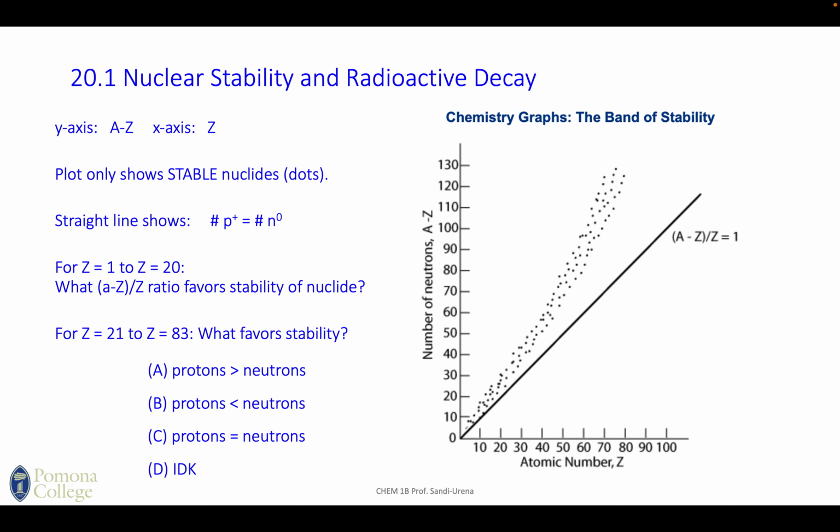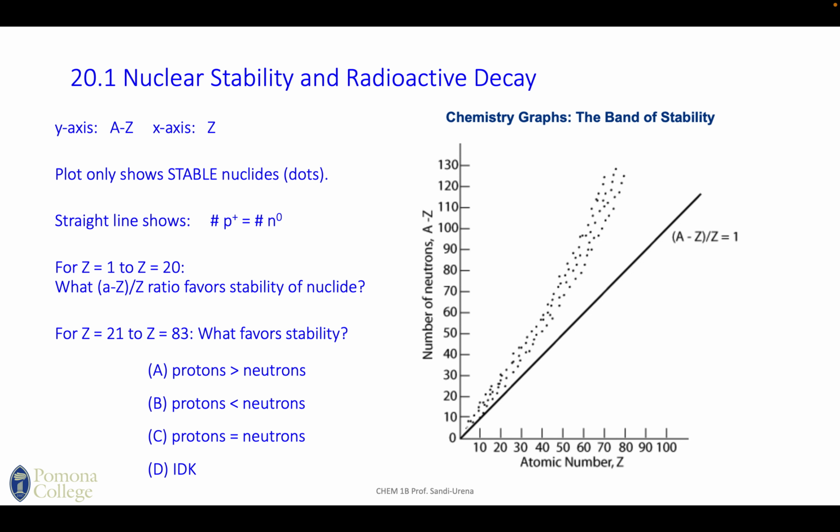So if those dots are above that line, that means that the stable isotopes or nuclides between 21 and 83 are those that have values for that ratio that are greater than 1.